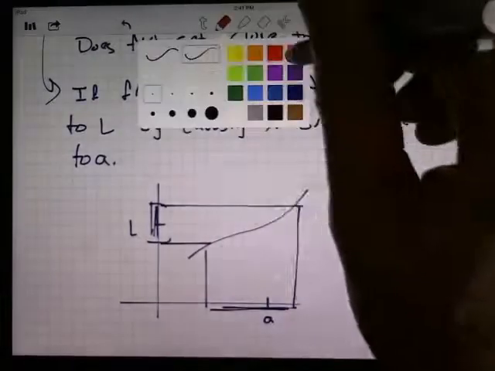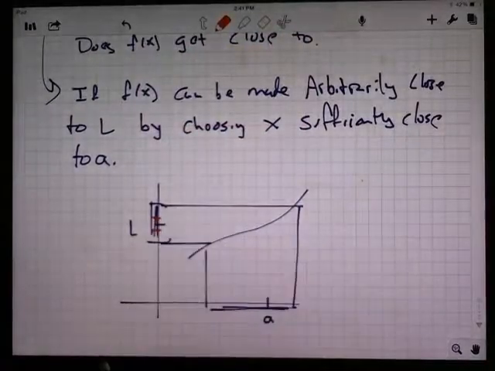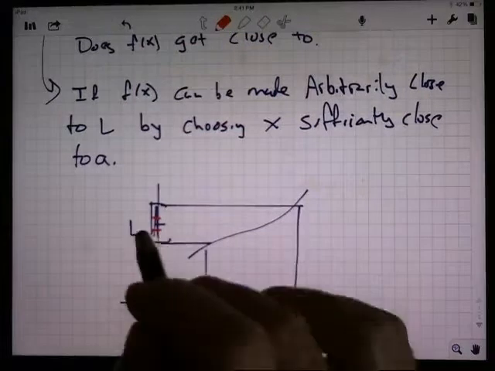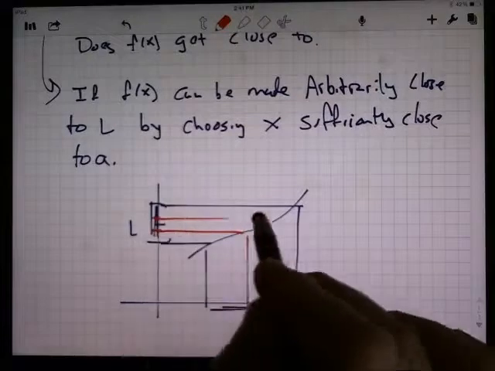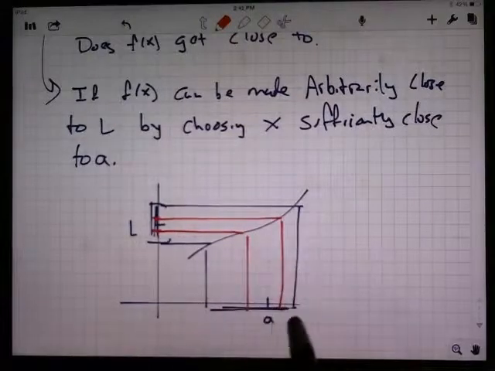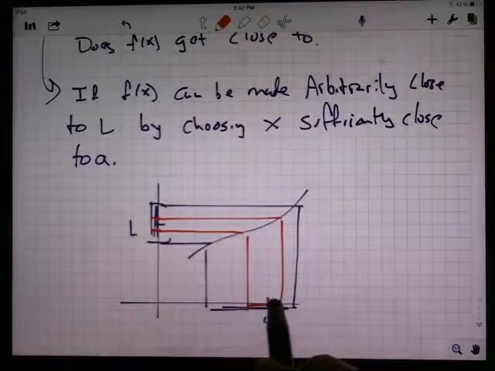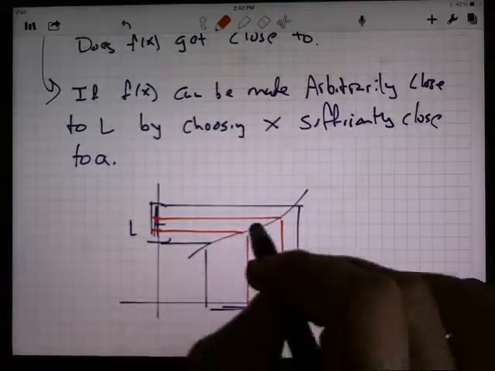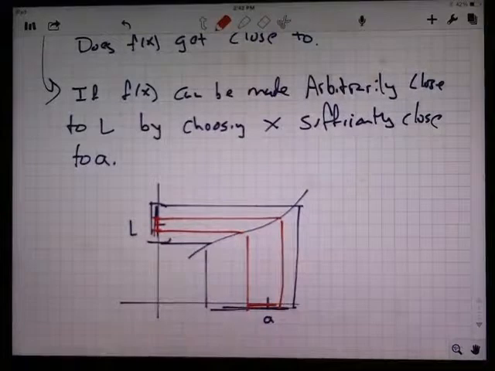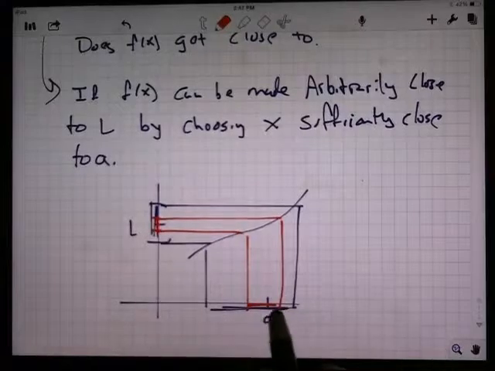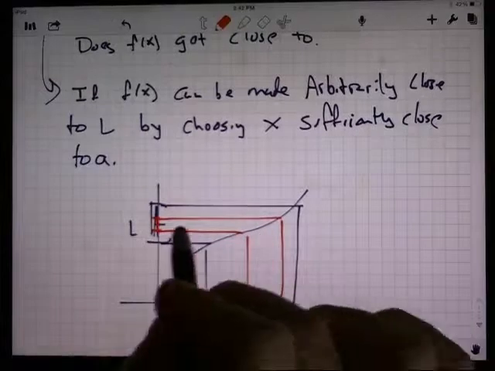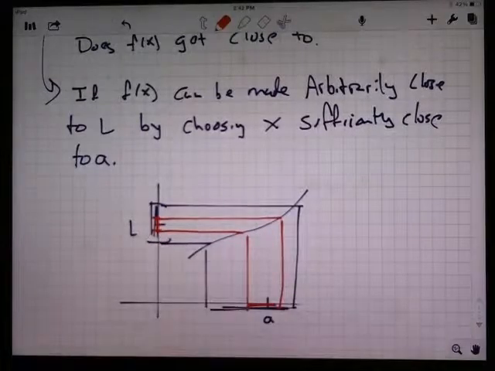When someone else comes in and says, no, I want to be this close to L, no more than plus or minus a little bit here, then I'm going to say, okay, well, as long as I keep my x's within that close to a, then my function values will be as close as you wanted to L. And if I can always do that, no matter who tells me how close they want to be, if I can always find a little range down here and say, okay, pick these x values, you're close to a, then the f of x will be close to L, then that's what I mean by the limit.